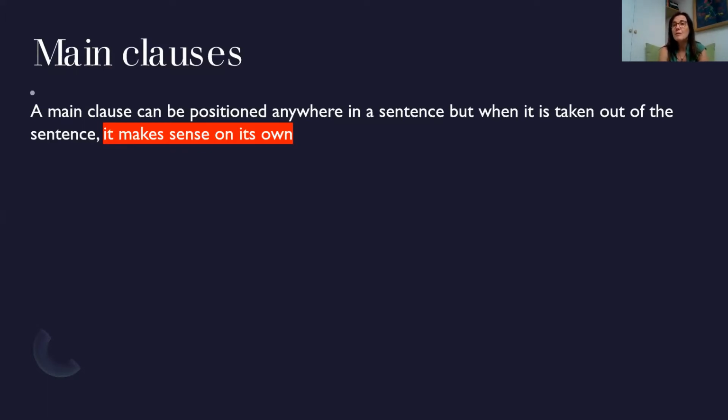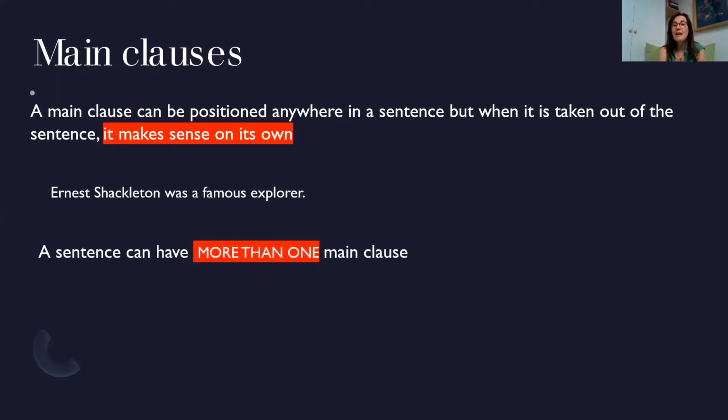It's sometimes called an independent clause because it can stand on its own. For example, Ernest Shackleton was a famous explorer. This is a main clause. It has one main idea. It has a verb, which is 'was', and it makes sense on its own.